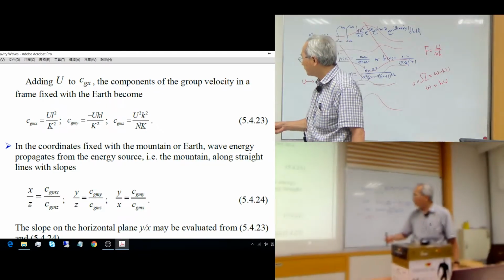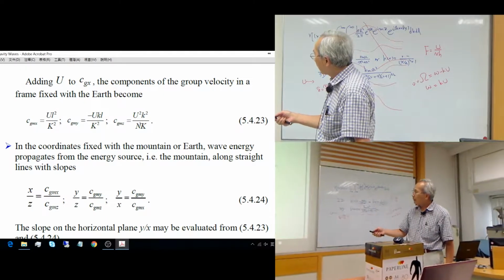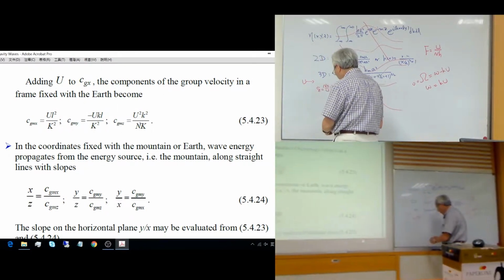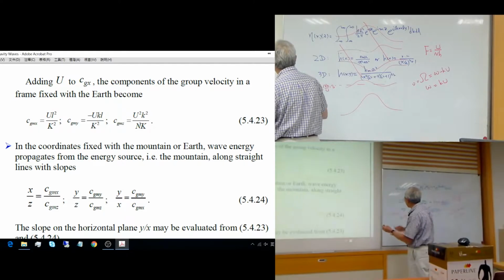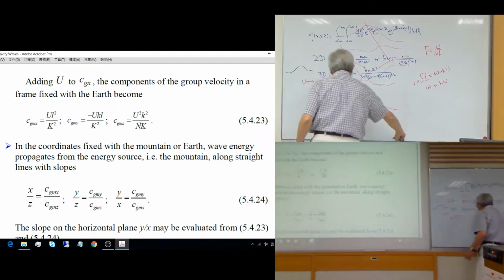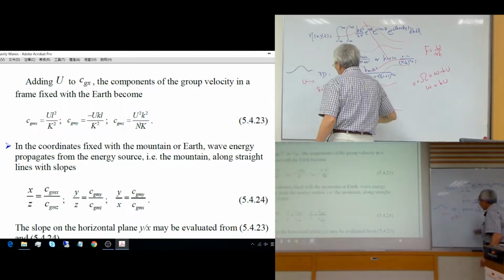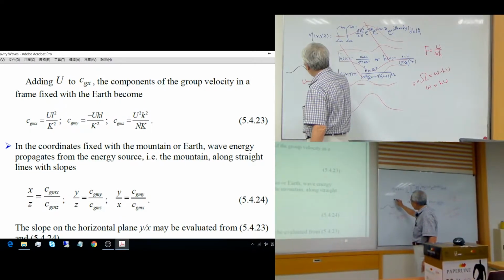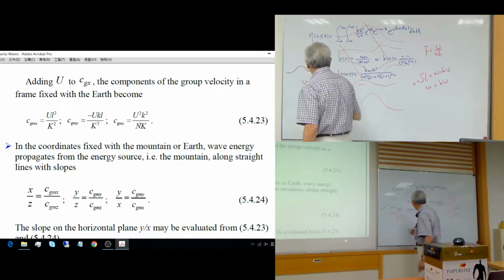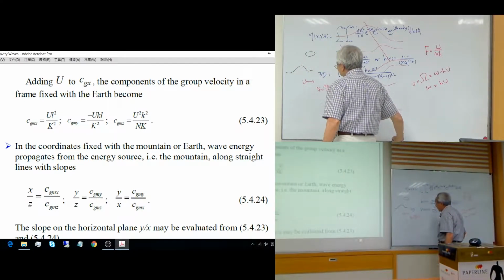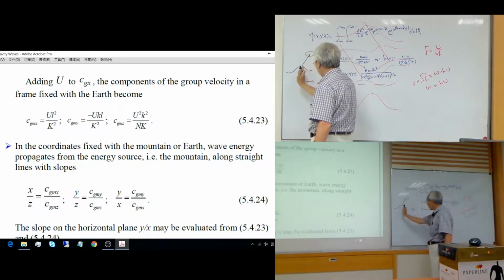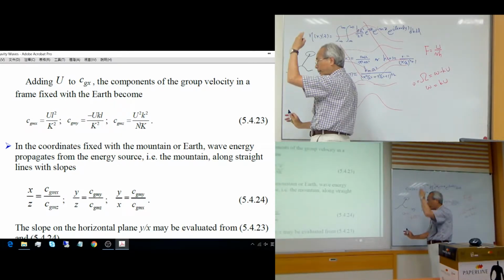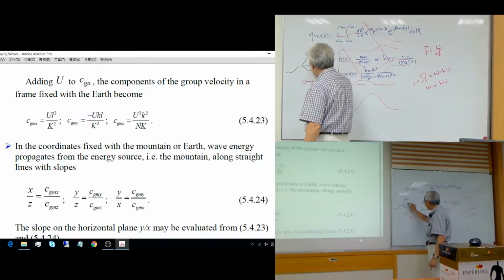So what does this mean? Let me give a little bit more explanation. Say you have a mountain here. So say if your wave energy propagates to here, your wave propagates here, then this wave energy propagation velocity will be composed of two parts.